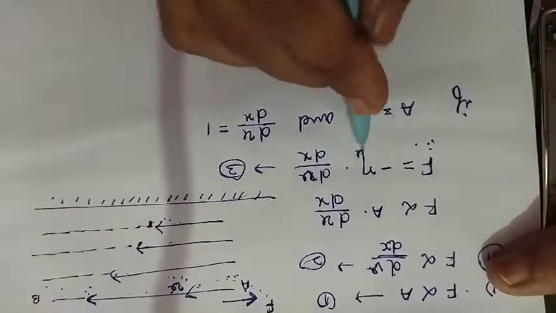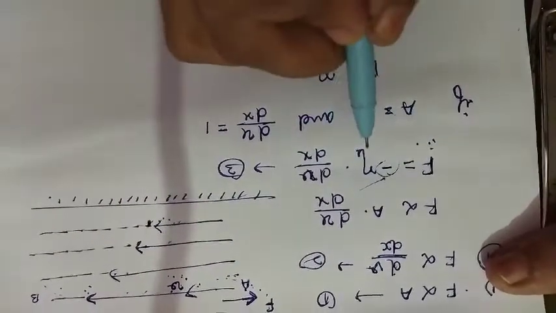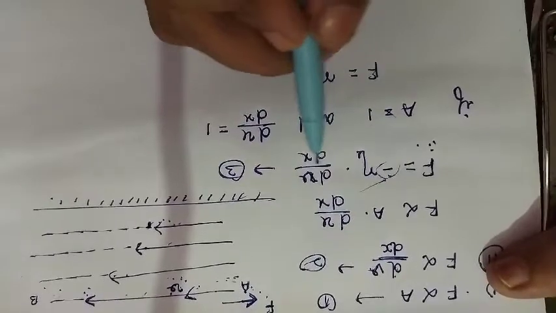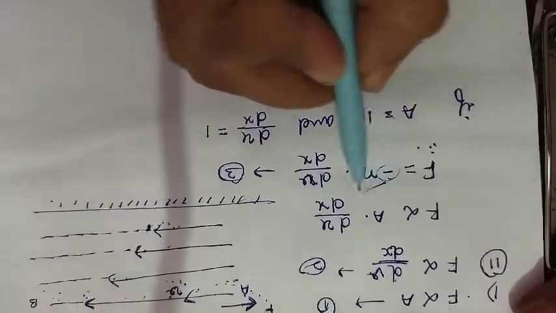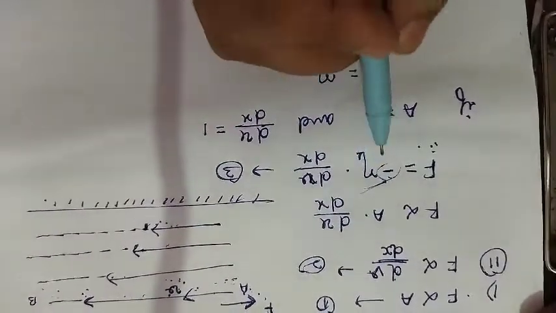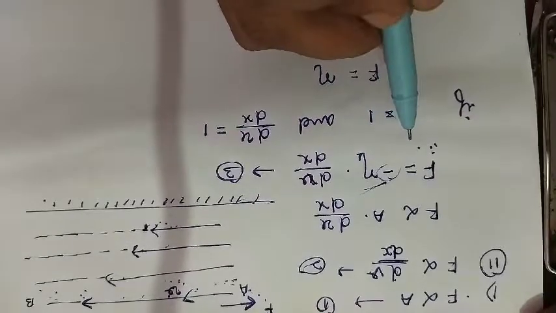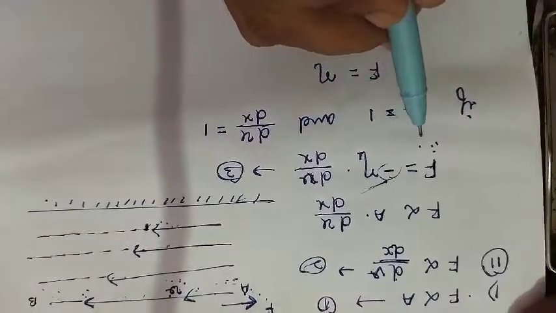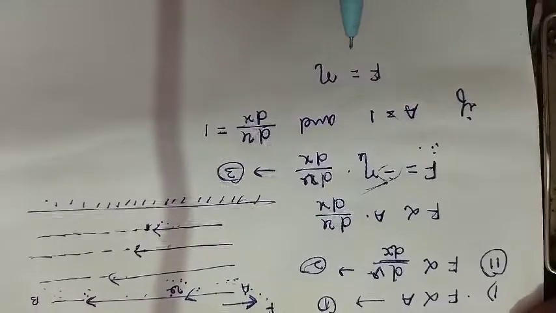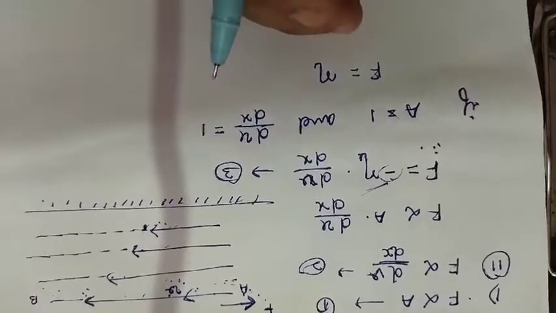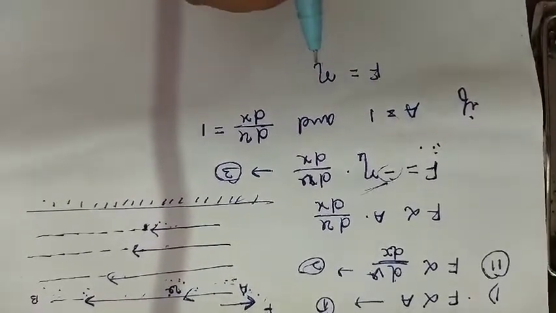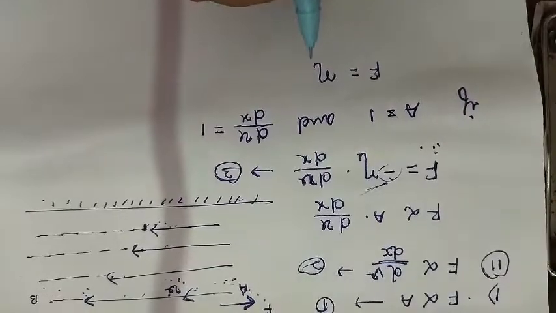This negative sign shows the opposing force, meaning the direction of the viscous drag force is opposite to the motion of the layers.